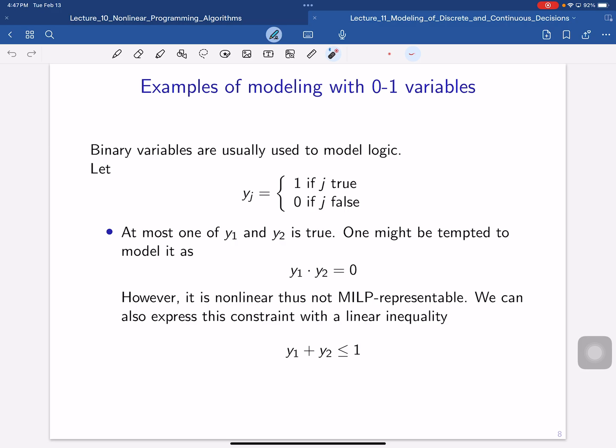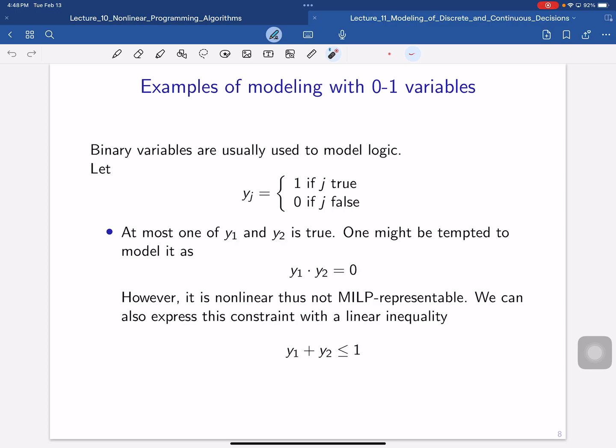Okay. So although this is the right way of writing a constraint, you are writing it in a nonlinear way. y1 times y2 is a nonlinear expression. Since we're talking about mixed integer linear programming, we would love to write everything in linear form. You will see quickly why you want a linear form.